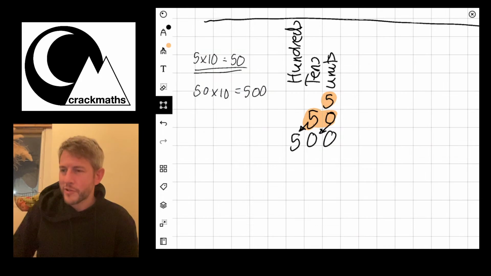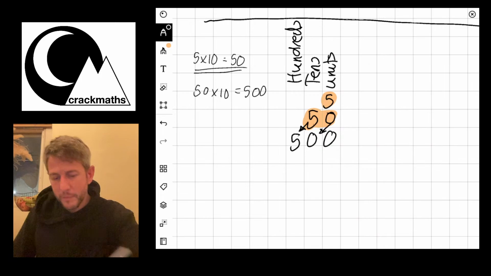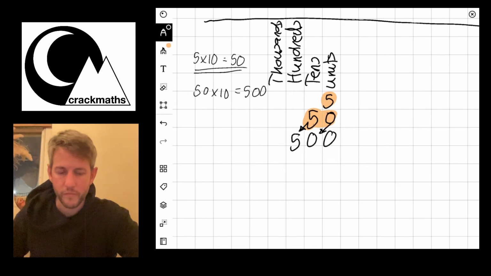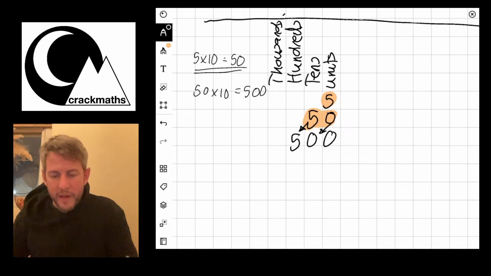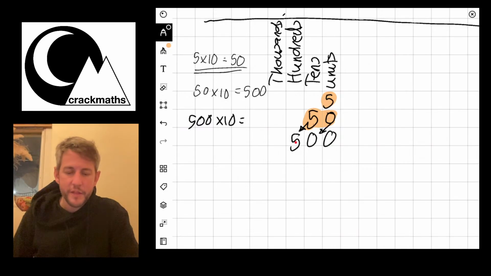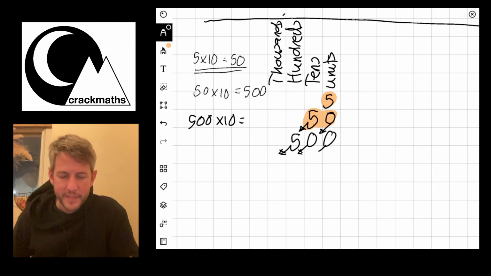Now, what we have next is we've got here, I'm going to put in the thousands column. So if we times this by 10 again, because this is now 500, 500 times 10 means that this number is going to shift here, this will shift here, and this will shift here.